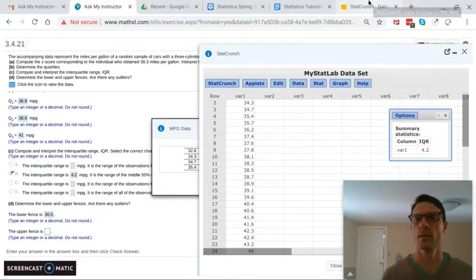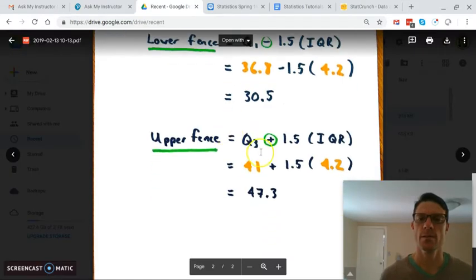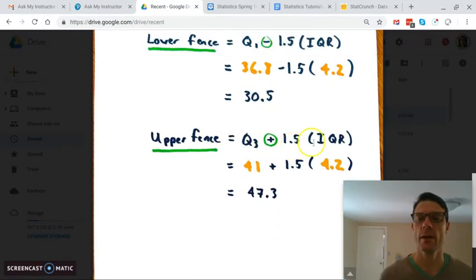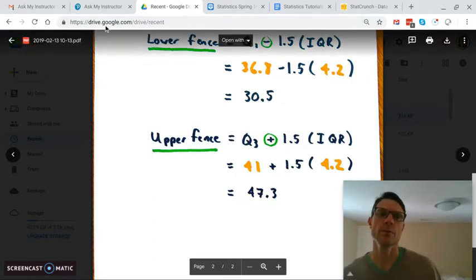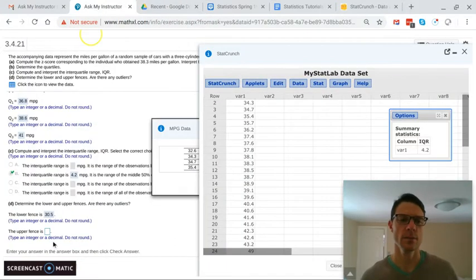And we get the upper fence, let's see. This is quartile 3 plus 1.5 times the IQR. We calculate that and we get 47.3. I haven't found a real quick way that StatCrunch gives this to me yet. You still have to calculate this by hand, but it's not a bad calculation.